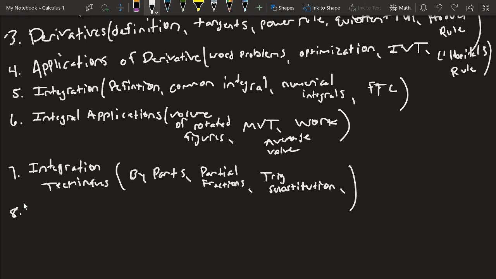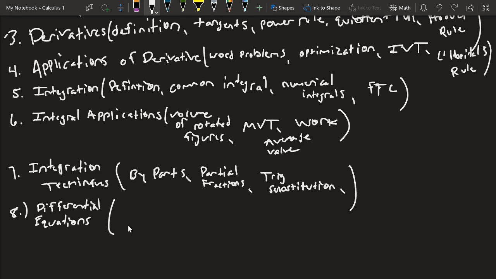Lastly, for at least Calculus 1, Chapter 8, we'll talk about differential equations. Well, this will not be a full differential equations course. That will come down the line later.